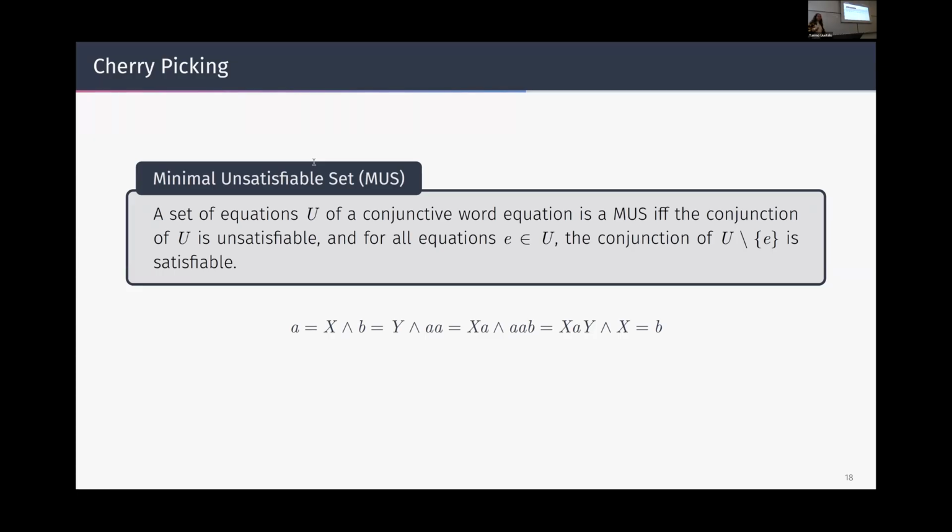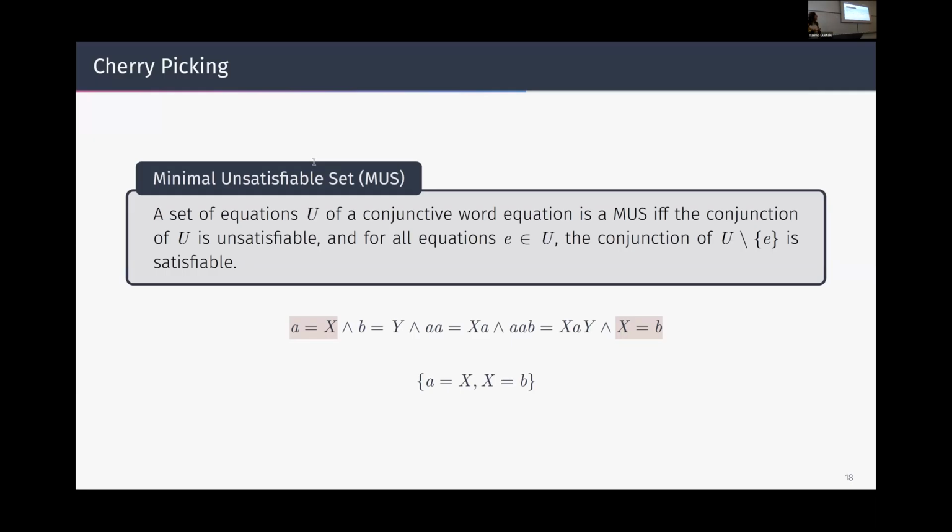It's not unique. You have multiple MUS for one equation. For instance, in this one, A equals X and X equals B is enough to conclude that this equation is unsatisfiable. But we could also have chosen AA equals XA. So we have multiple options here.